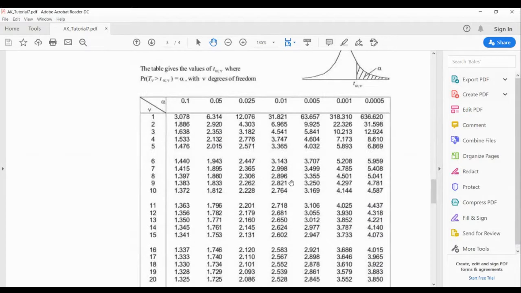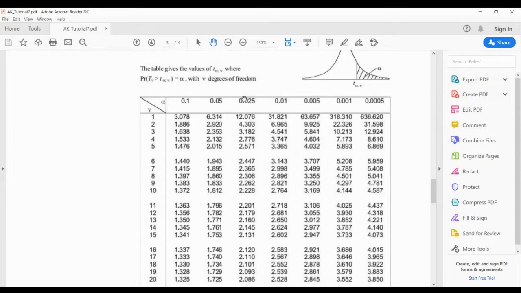And please distinguish between the t-distribution and the standard normal distribution. For the normal distribution, we have probabilities inside the table. But for the t-distribution, we have them above. You see, the probabilities are here, here we have degree of freedom, and inside it we have the t-score. This is different from a standard normal distribution, as we know.